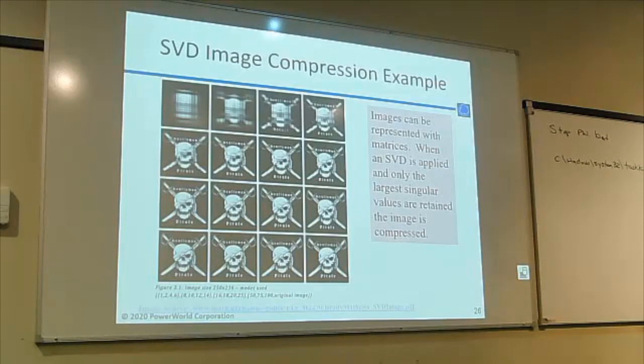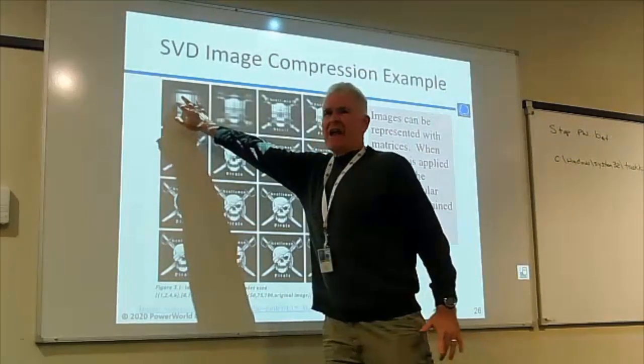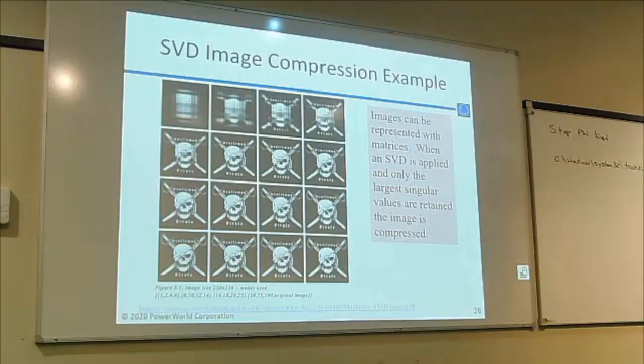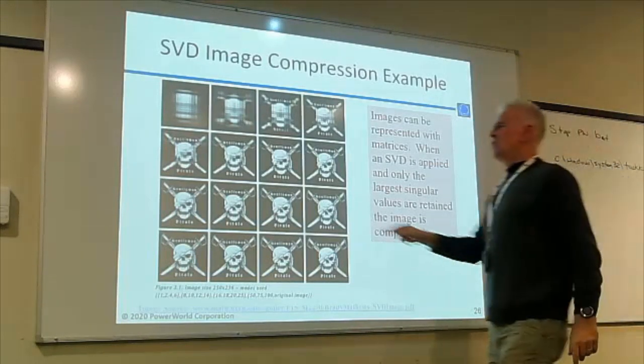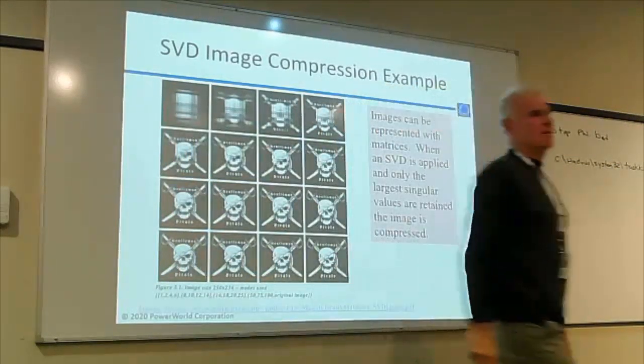If I did a singular value decomposition on it, I'm breaking that matrix up. If I look at the first, largest singular value, and take the two vectors associated with that decomposition, I can reproduce the matrix using one singular value. That's what it looks like.